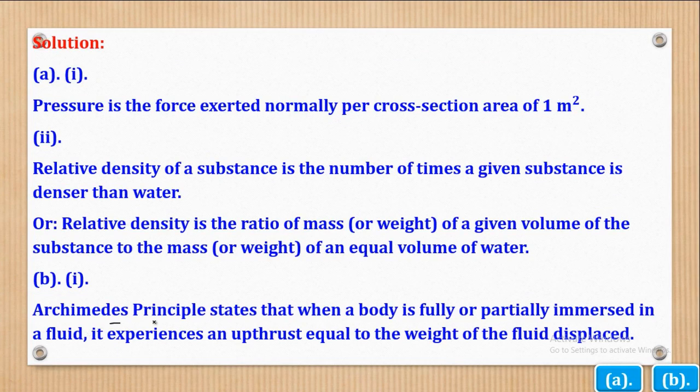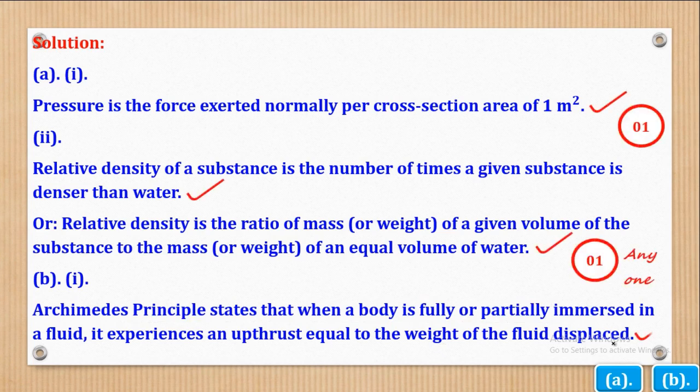So Archimedes' principle states that when a body is fully or partially immersed in a fluid, it experiences an upthrust equal to the weight of the fluid displaced. So that is how marks will be awarded for this slide.